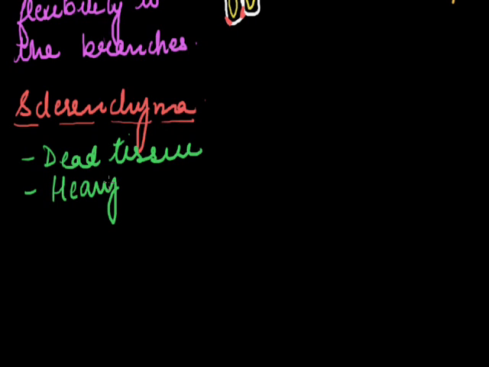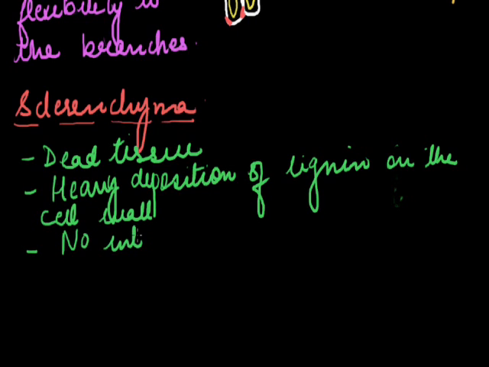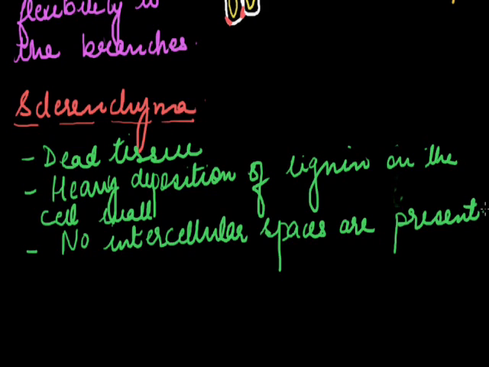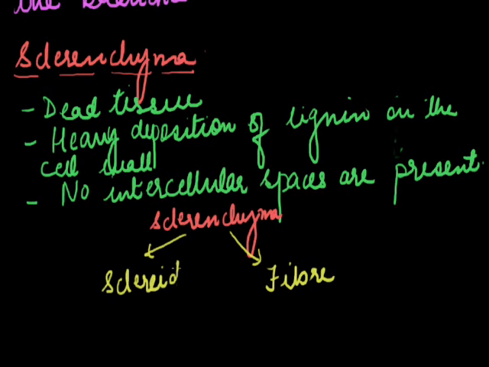Heavy deposition of lignin on the cell wall, and no intercellular spaces are present. Now the sclerenchyma is basically of two types. Either it can be fiber or it can be in the form of sclereid.